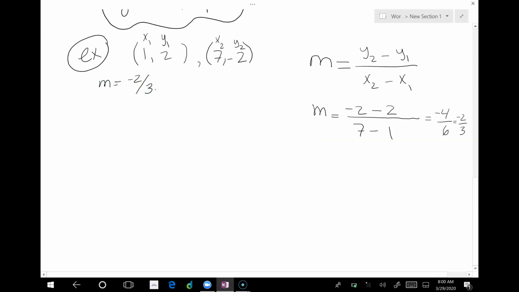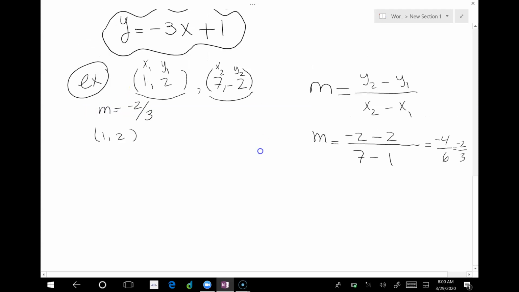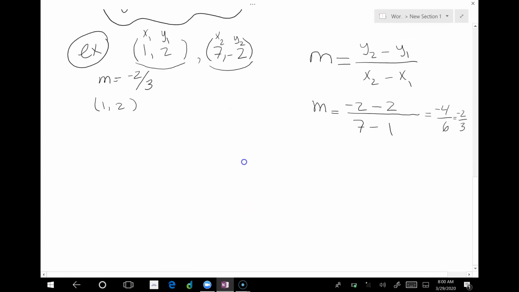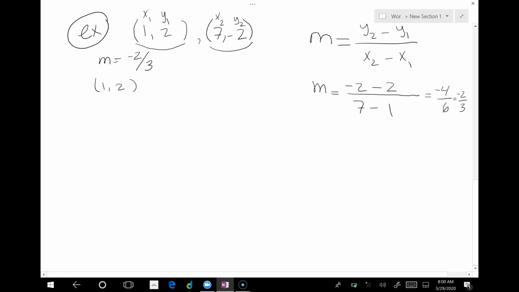So now let's write the equation of the line using one of the two points. It doesn't matter if you use this one or this one. I'm going to use the first one. (1, 2) is my point, and m is negative 2/3. Now you have something very similar to the previous one, where you had the point and the slope.